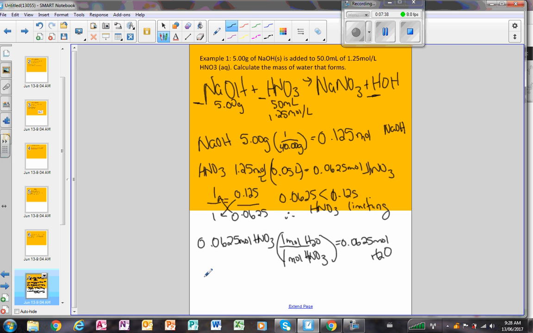And then from there we can calculate out our, again, this is our given and this is our want. So you can see that we're at step 3/4 in our regular stoichiometry. And we're going to take our 0.0625 moles of water, and in order to calculate out the mass, we're going to multiply out by the molar mass.